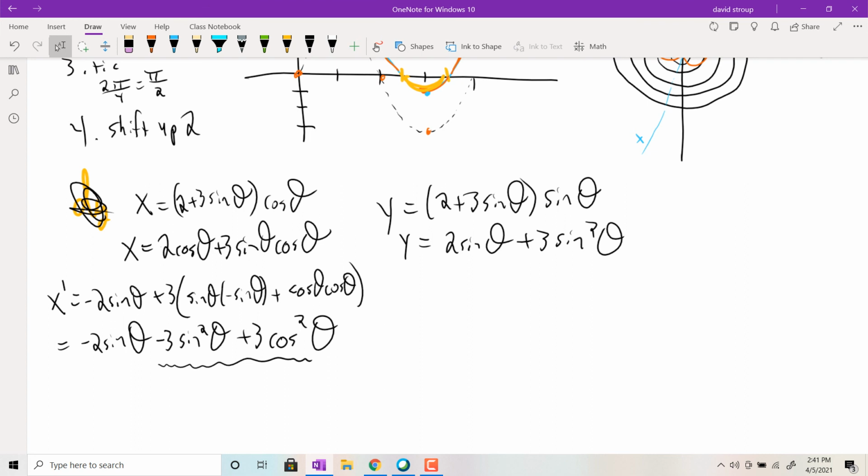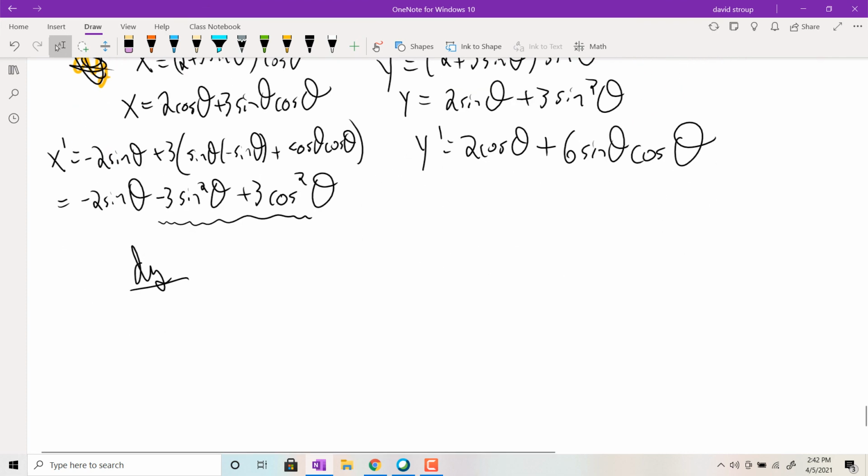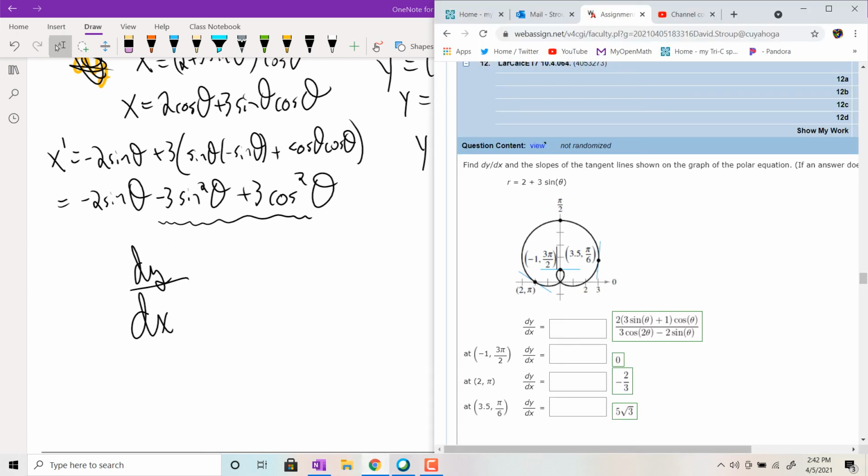Okay, so anyways, the derivative y prime will be 2 cosine theta, and then you have to do a power rule on the second term. So that'd be 6 sine theta times the derivative of sine, which is cosine theta. Okay. So in order to find the slopes, we have to use this derivative formula.